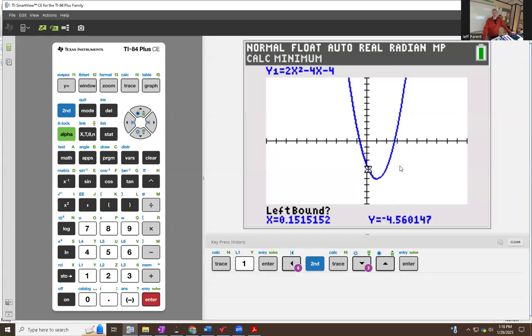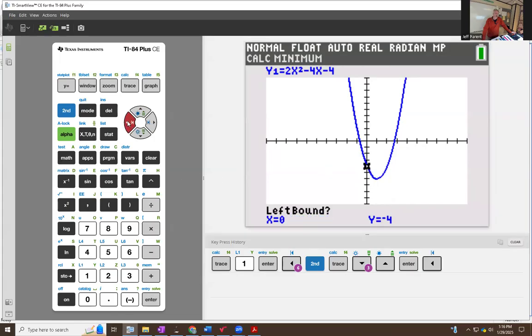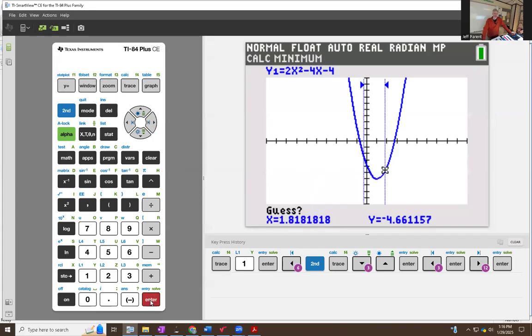It's going to ask you, where should I look for a minimum? Go a little bit to the left of your vertex and press enter. It's going to put a left bound there. Go to the right of your vertex, press enter again. It doesn't matter how far. And then it's going to look for a minimum point in between.